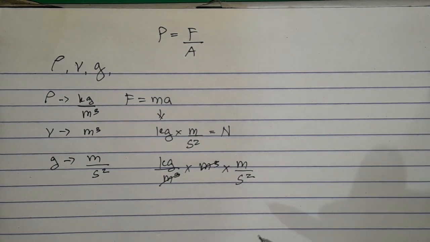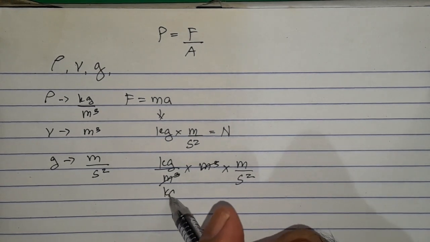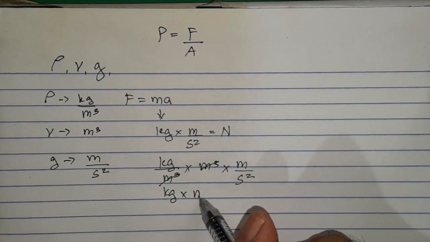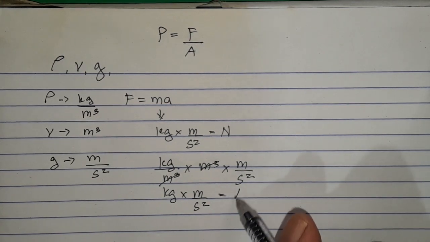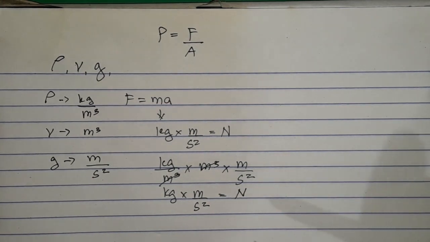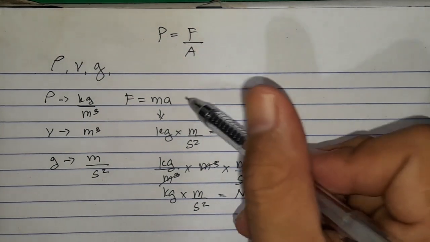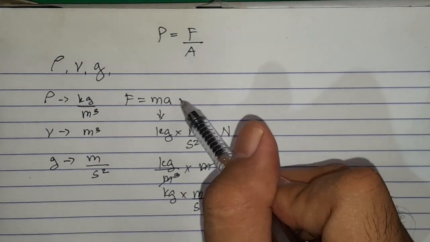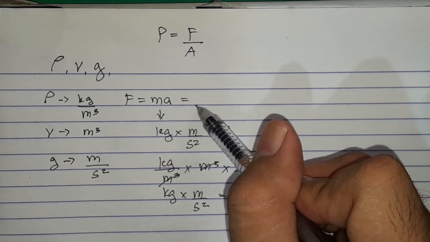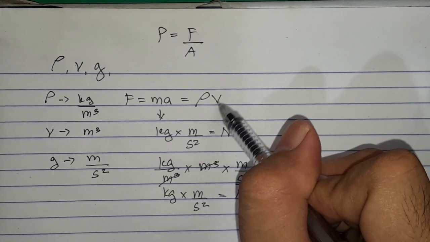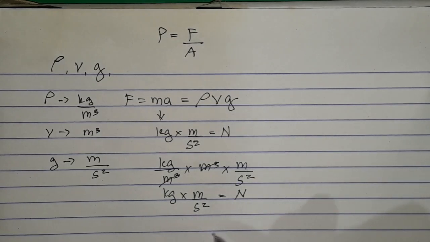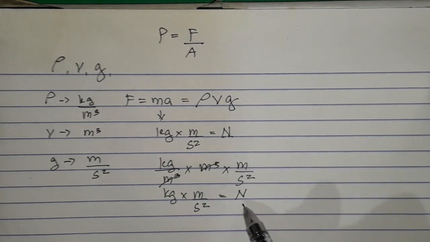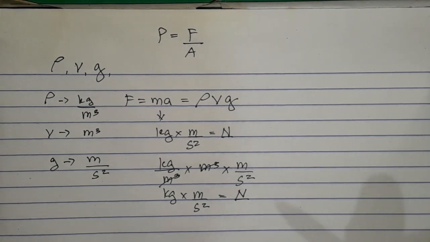The remaining units are kilogram times meter per second squared, and that is Newton, meaning force is also equal to density, volume, and gravity. By looking at the units, we arrive at the same unit, Newton.